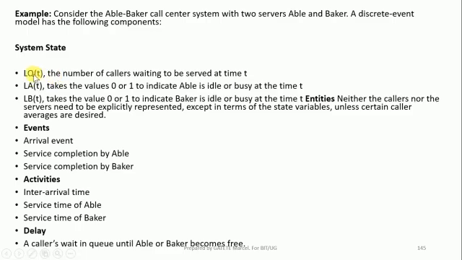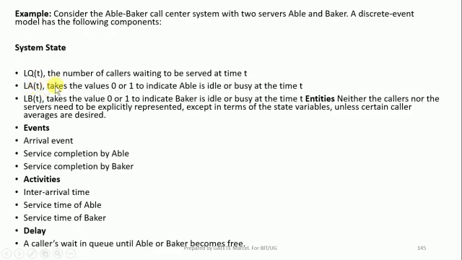LQ(t) is the number of callers waiting to be served at time t. There are some people that are calling. So the number of callers who are waiting to be served, because someone is talking to the two servers, we call it LQ(t), the length of the queue at time t.